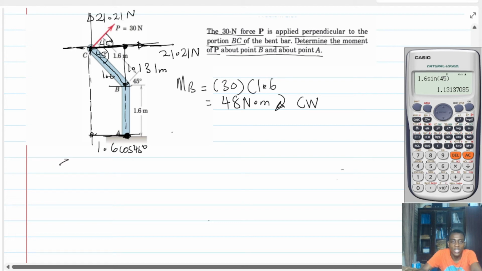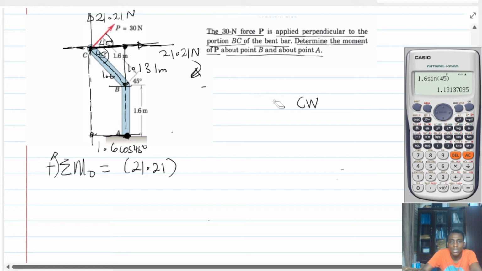So let's find the moment. Summation of moment, counterclockwise is positive. So with the horizontal force, it's going to be 21.21, and this force will create a moment which is going to come this way, isn't it?